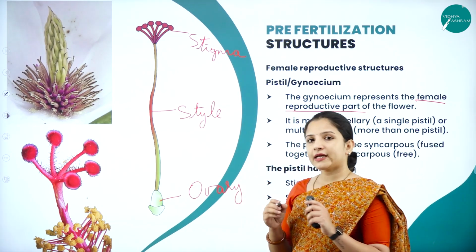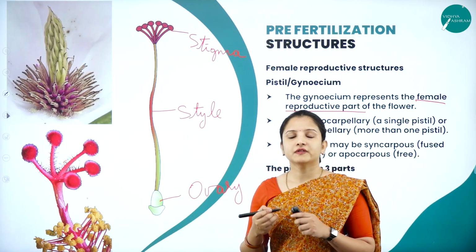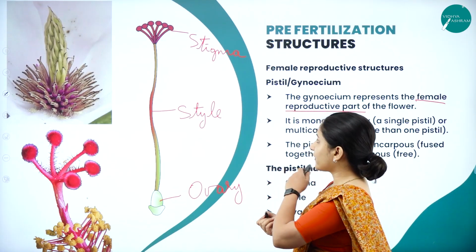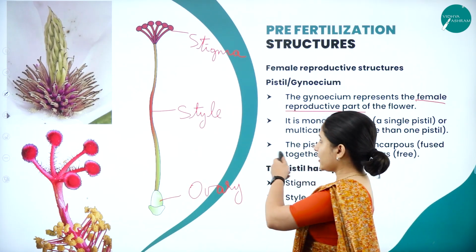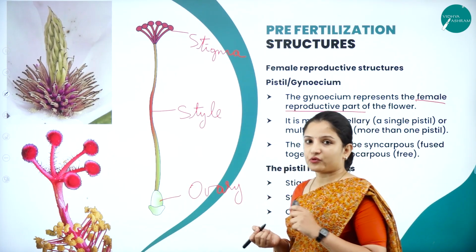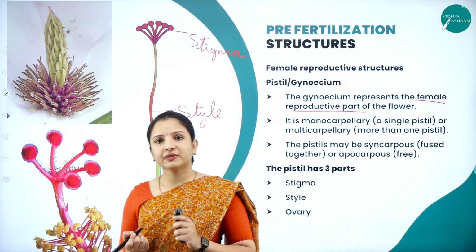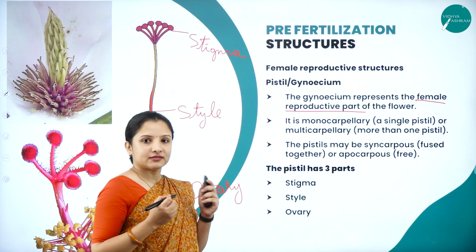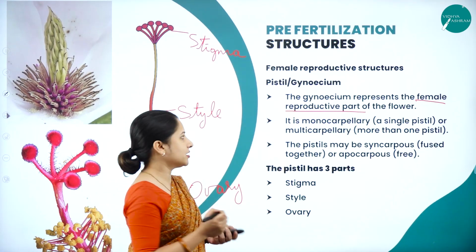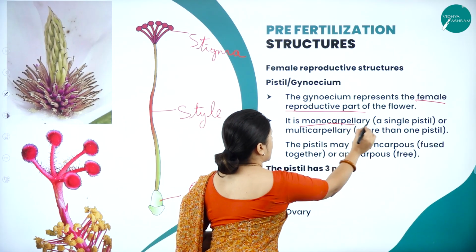So when you look at different flowers of different species, you will find that there is a great variation in the arrangement of the female reproductive structure, which is the pistil or the gynecium. You can find that in some of the flowers, gynecium, it is monocarpellary.